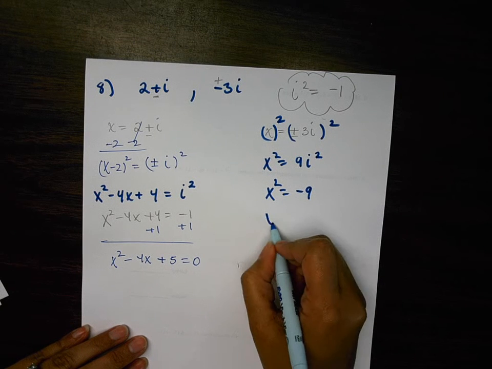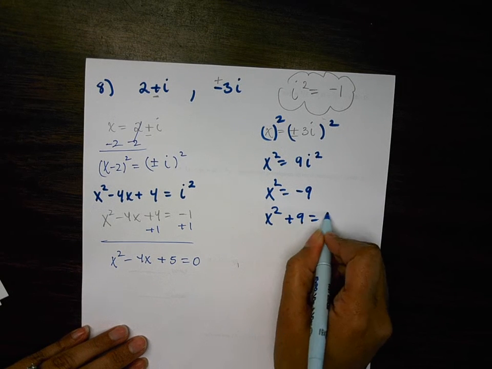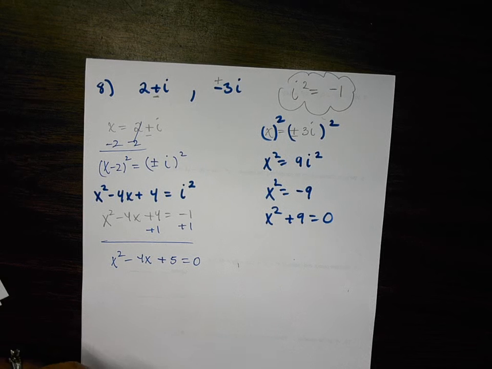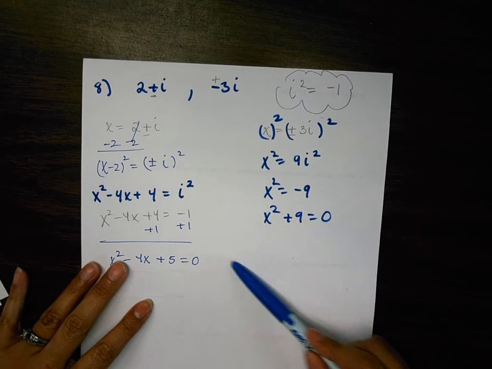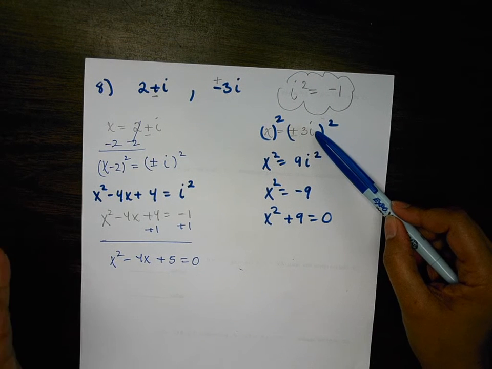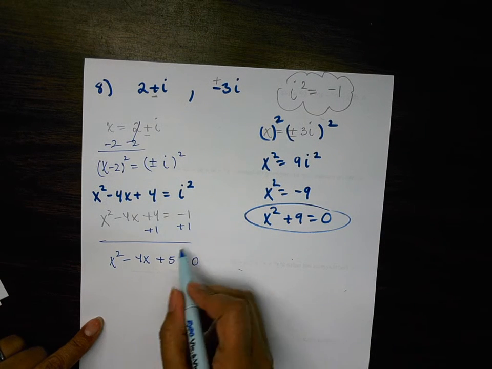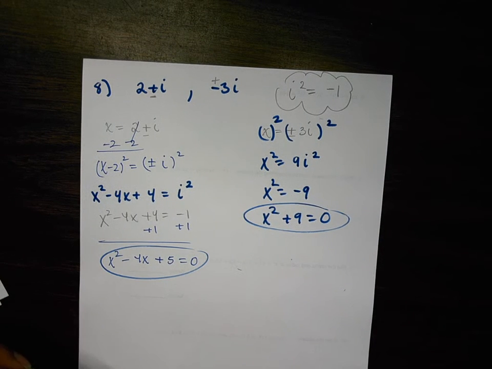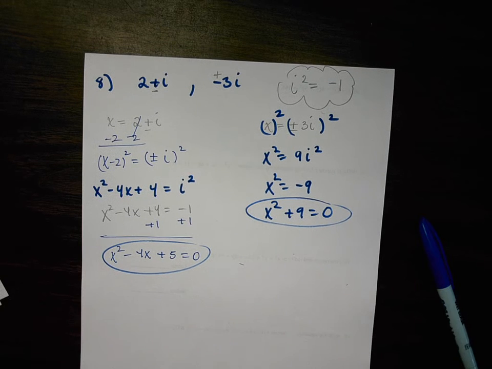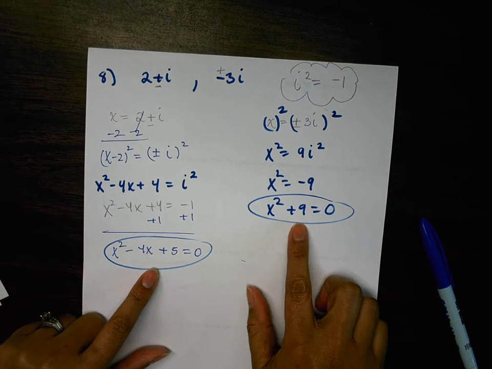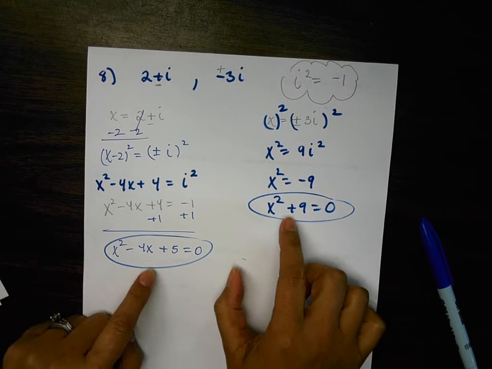Squared. And what's 9i squared become? Negative 9. What do I do with it? Add it over. As tempting as it is to solve, and oh, subtract 9, square root both sides, would you end up back here, plus or minus 3i? Yeah. All right. So these two are the two factors.